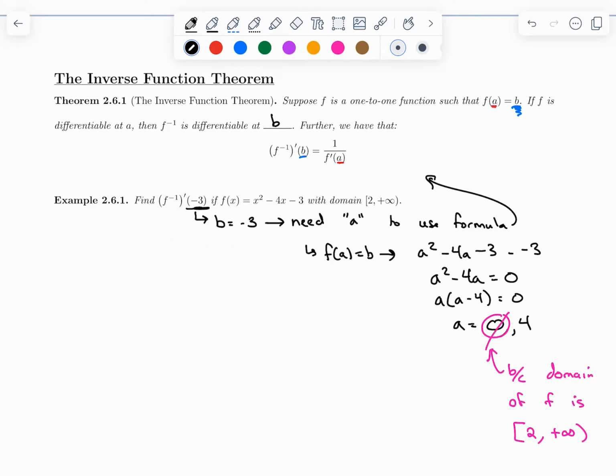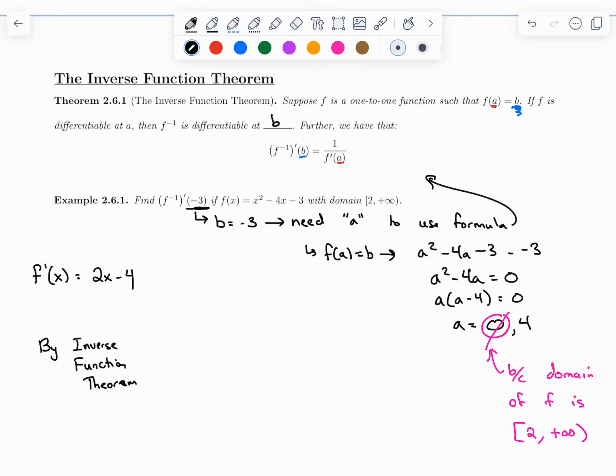Now, we've got our a value, we've got our b value, we've got f, we don't have f inverse prime, but we don't need it, but we still need f prime. f prime of x would be 2x minus 4. So, by the inverse function theorem, oh man, it's been ages since I've written it out.